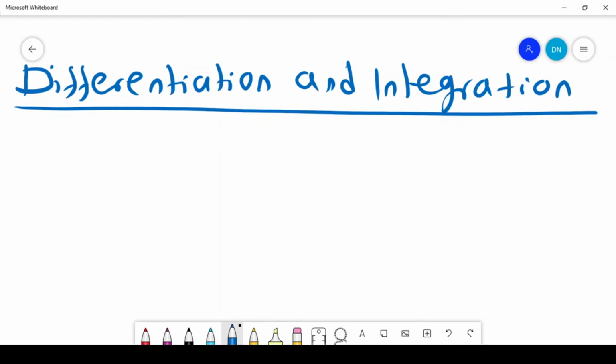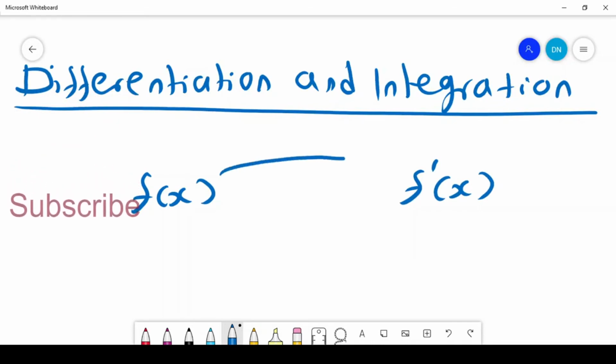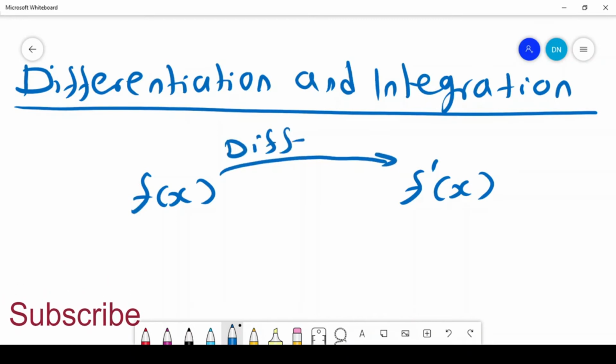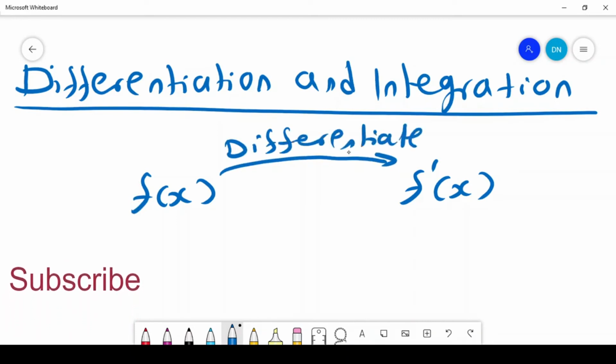We look at the relationship between differentiation and integration. Basically, if you are given a function, when you differentiate, you get the first derivative.